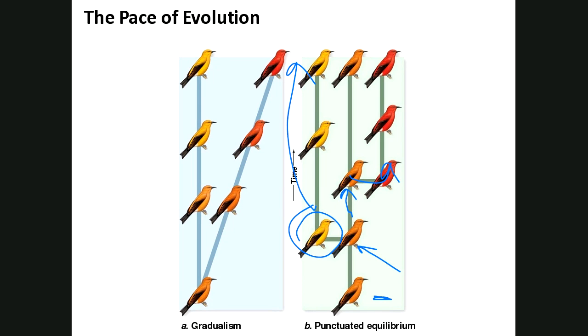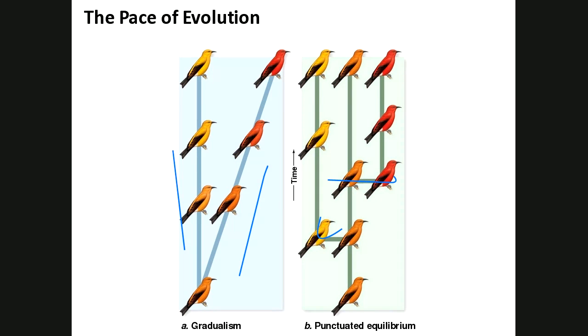So at the end, we end up with 3 species where we start off with 1 in a branching way. And this can happen relatively quick, right? So you see time here? We're saying that the branches that occur, so this is gradual change through time. This is very quick change through time. This type of speciation is called punctuated equilibrium for a reason.